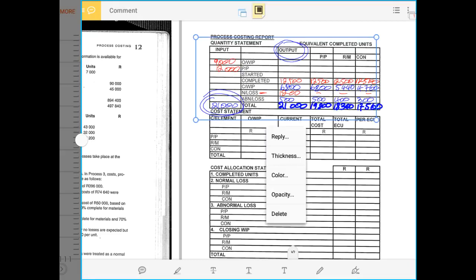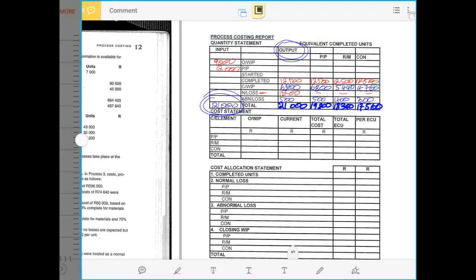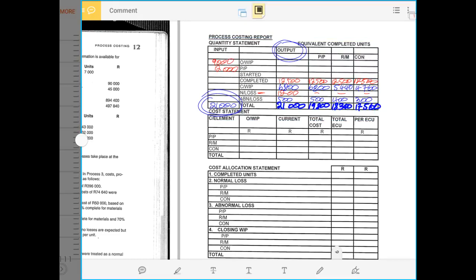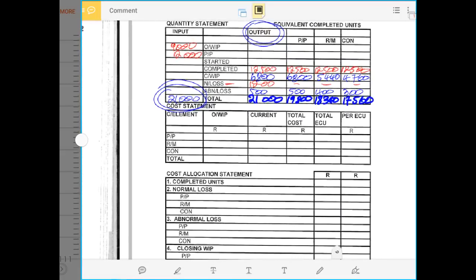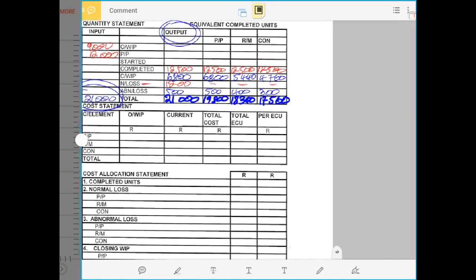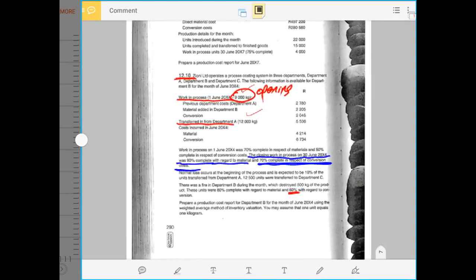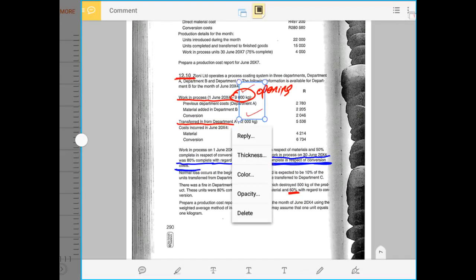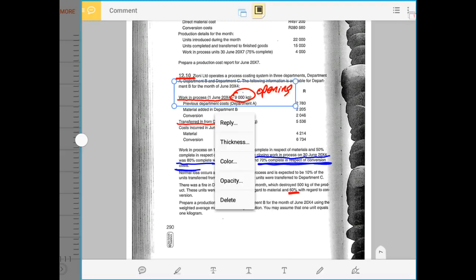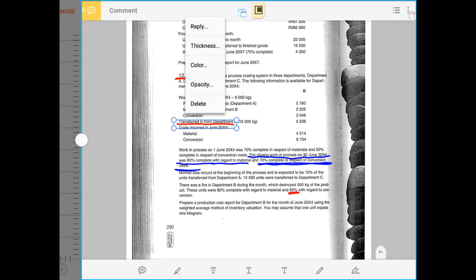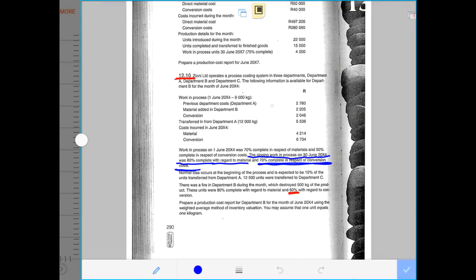Then we go to our cost statement, and now we are dealing with the amounts. We have to start with the previous process opening balances, taking that into account. Our opening balance that was given to us is the previous department cost, department A, which is 2,780.